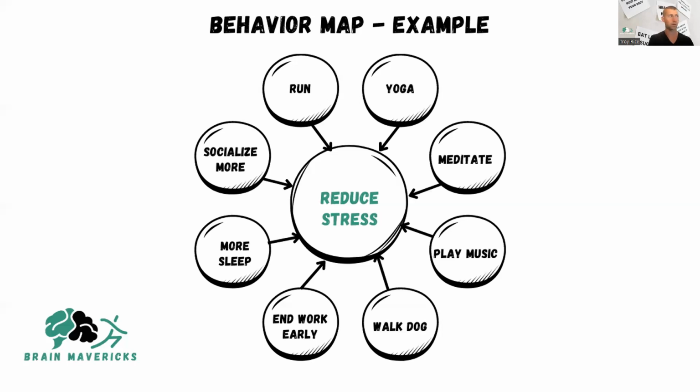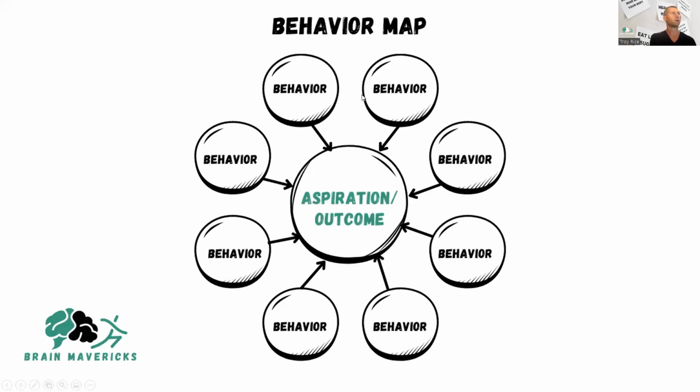Maybe that will reduce stress. Who knows? More sleep, and then socialize more. Maybe you're really heavy into work or whatever it is that you're into, and you would like to socialize more with others and build that connection. So again, this is kind of what the map will look like to you as a visualization. So you place the aspiration and the outcome in there, and then you map the behaviors.